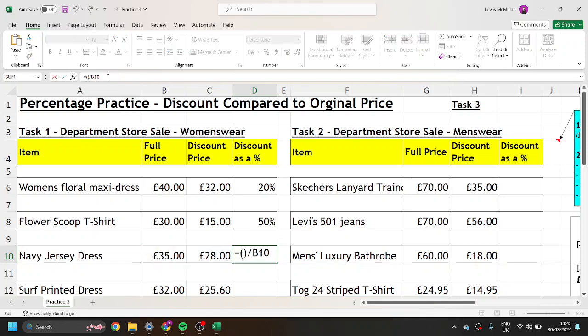So the formula should go, for this instance, full price minus the discount price, divide by the original full price. This is where you're going to have to use a bit of context with the information you're looking at, and how the information should be laid out after. And that's going to be a big determinant of how your formula is going to be laid out.